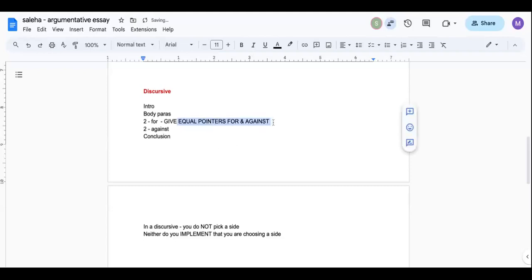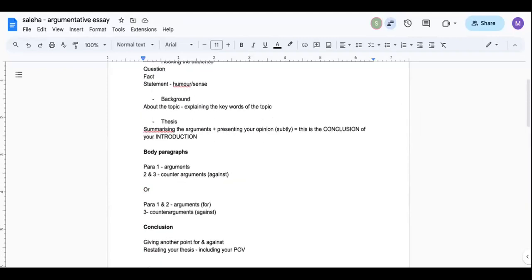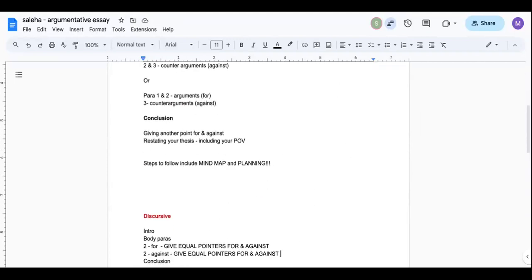Maybe you can just go with 3 body paragraphs only, but you need to make sure that you're giving equal pointers for both. So let's say if I'm giving 2 pointers for, I will also give 2 pointers against. You will not make a side win. That is the only difference. With argumentative, you can make a side win. Make sense? Yes, makes sense.